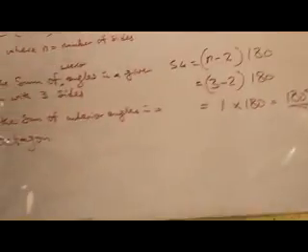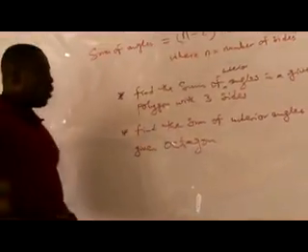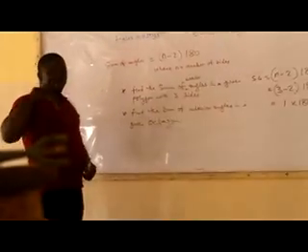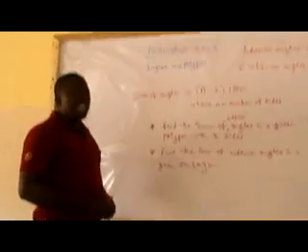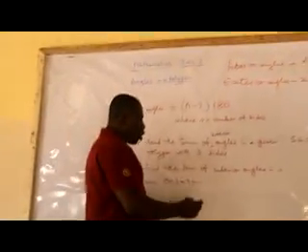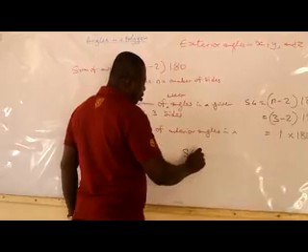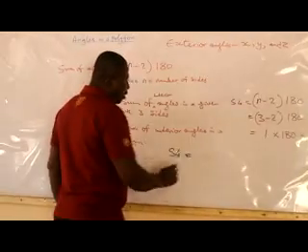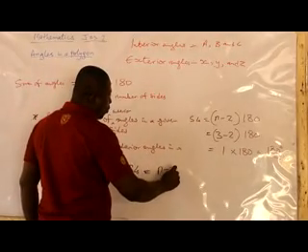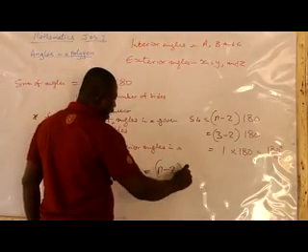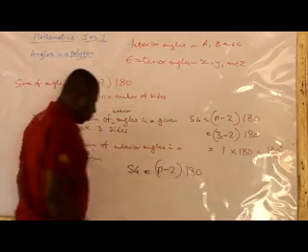Now, for the sum of interior angles in a given octagon, you refer back to the last class we did. An octagon is a polygon with 8 sides. So to solve, the sum of angles in an octagon will be given by the same formula, n minus 2 multiplied by 180.